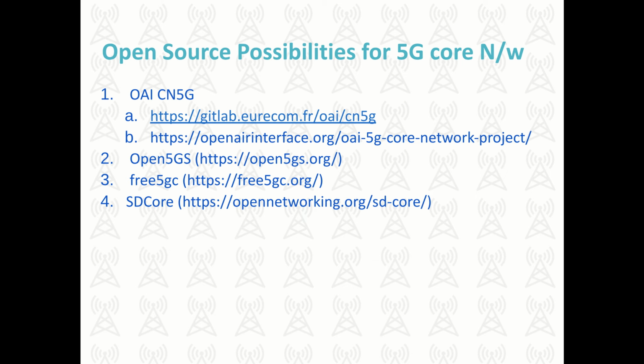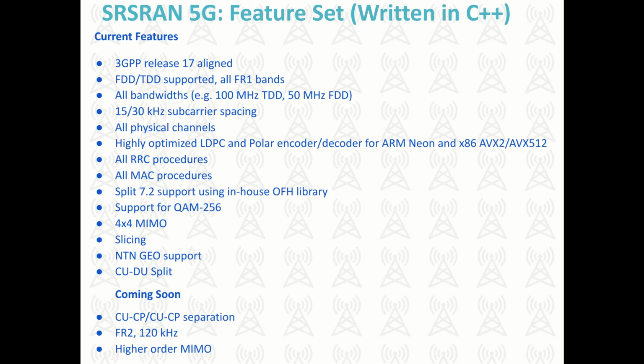And then quite popular is Open5GS. I think many of you might have heard about it. Then we have free5GC. There is one more, SD-Core. So we'll not go into detail of all that.